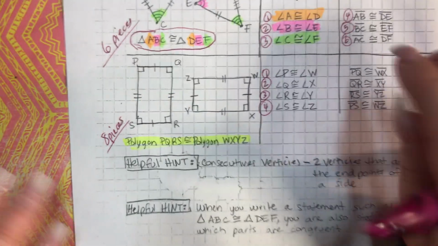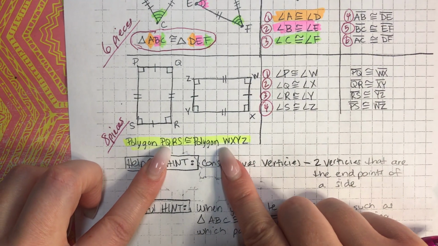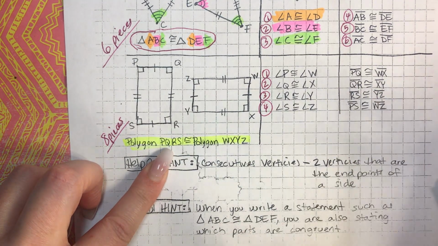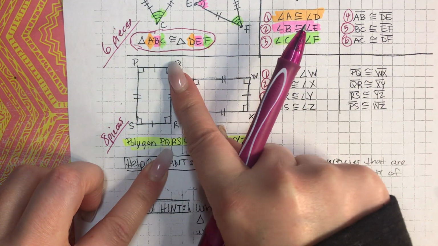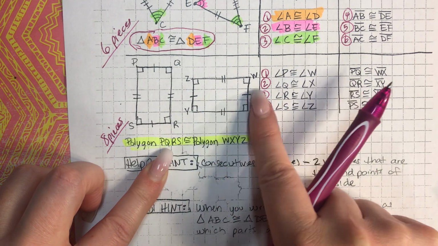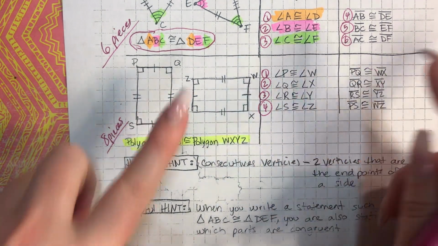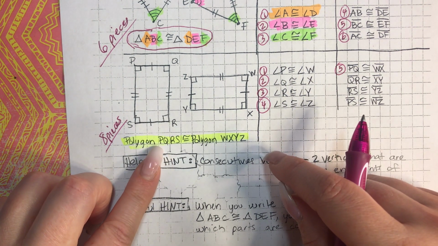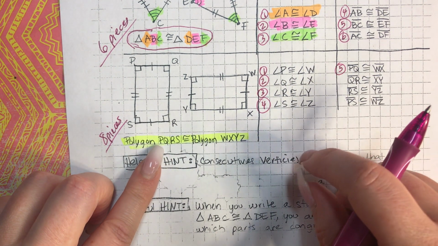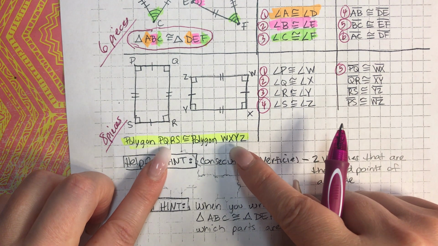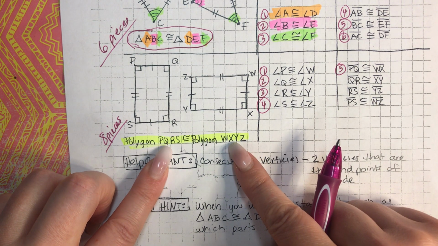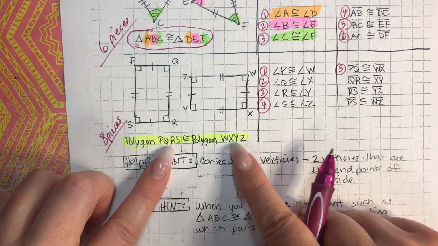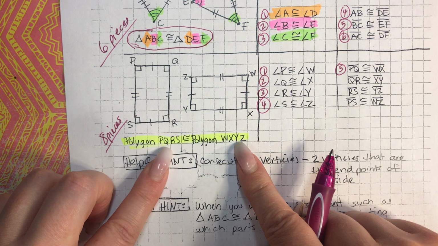And then you have the corresponding sides. So PQ, WX, so the first and second letter, right? Those are congruent. And you can look on the picture, PQ and WX both have 1 hash mark and they're congruent. So that's that 5th piece of information. And then we can do the next one, the second and third, QR and XY, right?